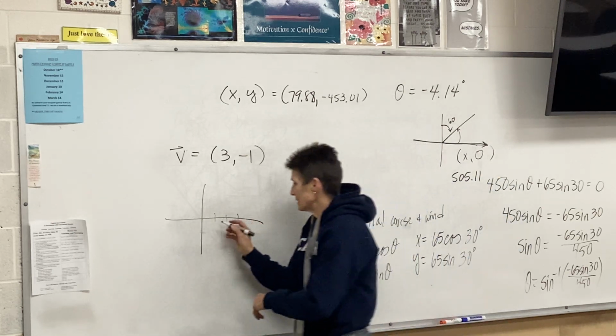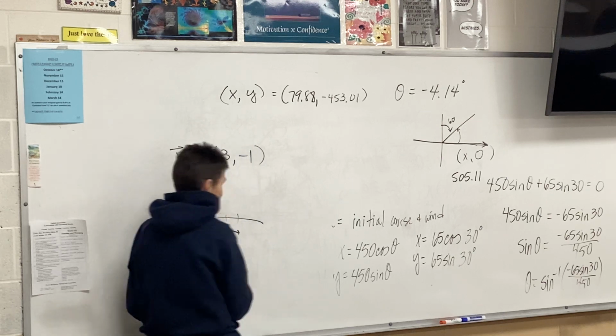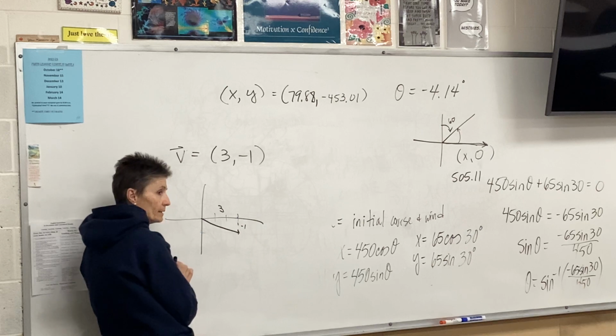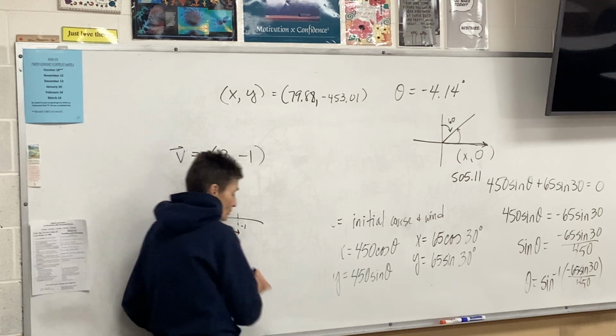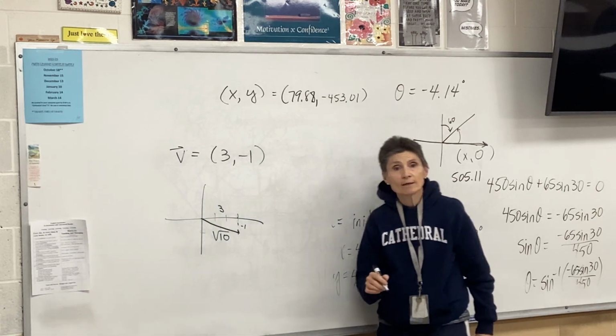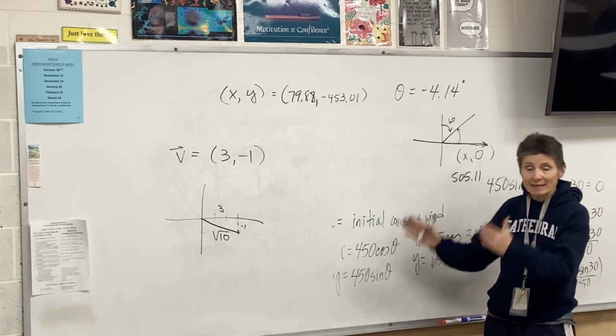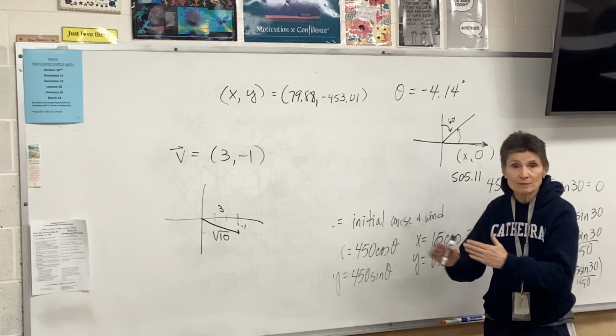So the vector looks like this. I want to know how long that is. So it's going over 3 and down 1. So isn't its magnitude going to be root 10? 3 squared plus 1 squared, the Pythagorean theorem. Okay, the magnitude of the given vector is root 10.